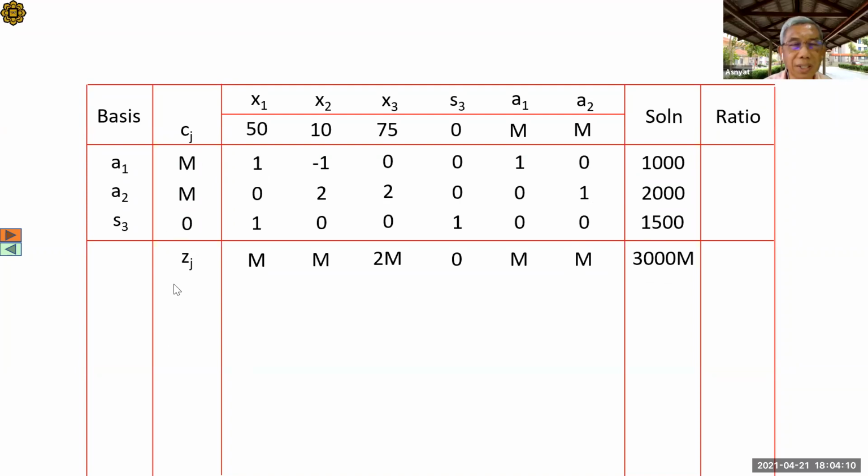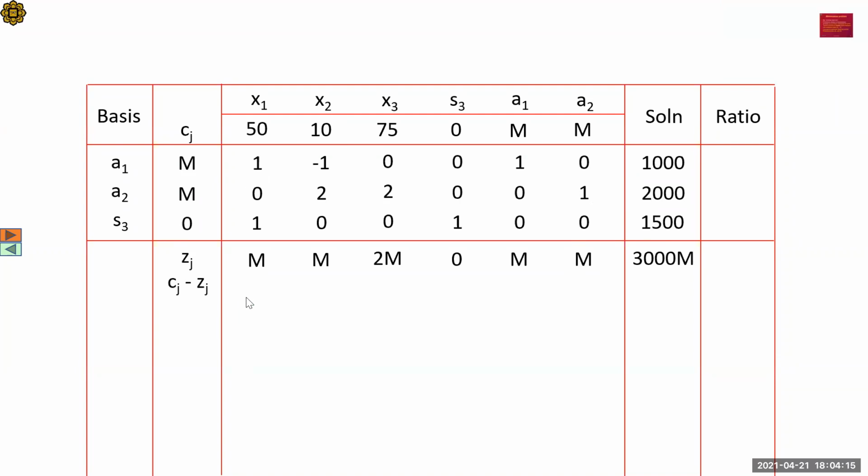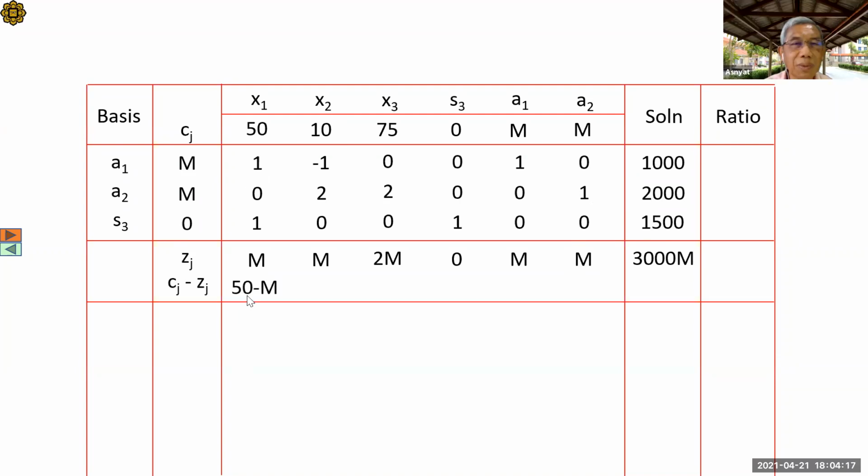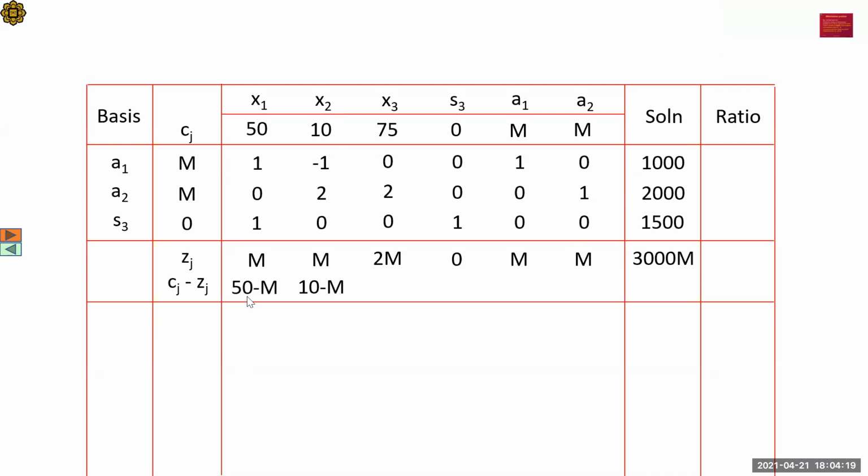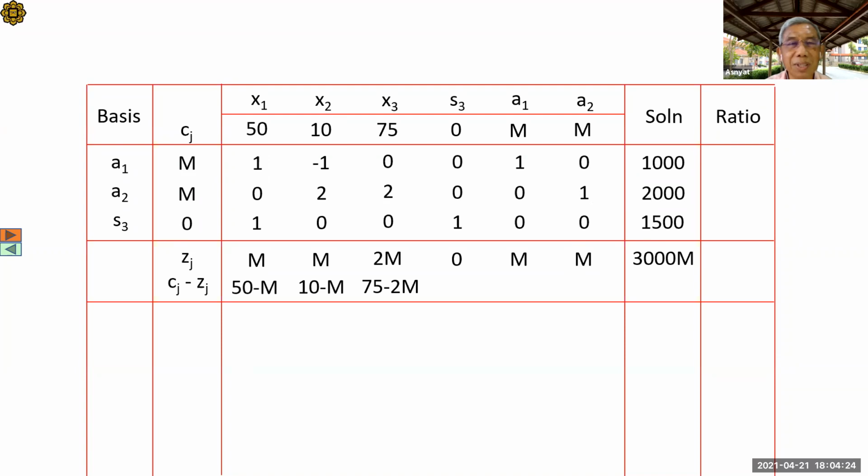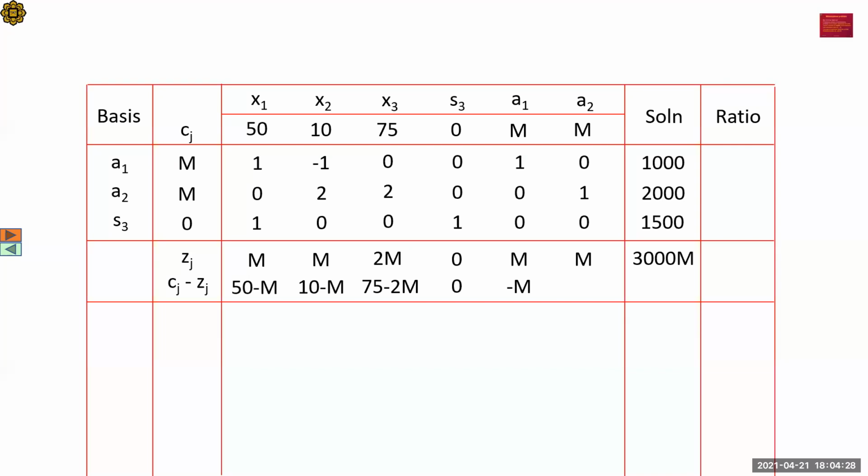Cj minus Zj, we do quickly. 50 minus M, 50 minus M, 10 minus M, 75 minus 2M. Is it right? 0, 0, 0, 0. Not 0.